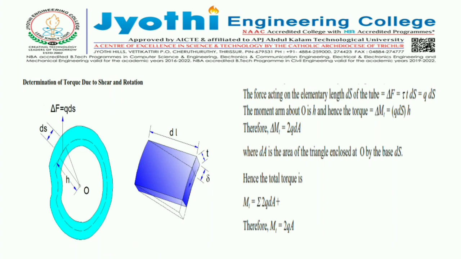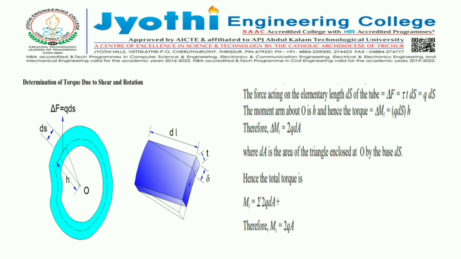Substituting shear flow in that equation, we get delta F is equal to q into ds. The torque about O is given by delta M, which is force into perpendicular distance, that is delta F into h, which is equal to q into ds into h.